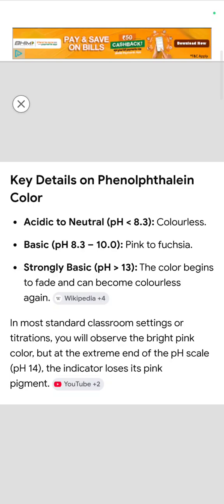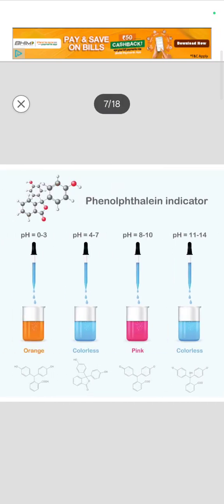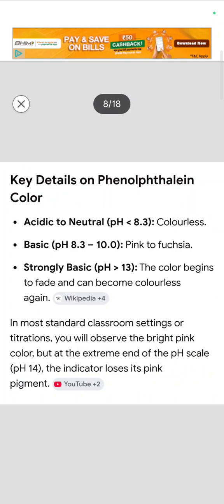And the color of the phenolphthalein is orange between the pH range 0 to 3, and it again remains colorless between the pH 4 to 7. So this is all about phenolphthalein indicator, and this phenolphthalein indicator is used in the acid base titration.